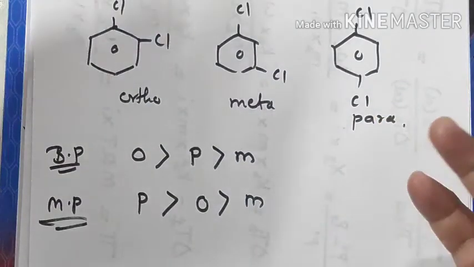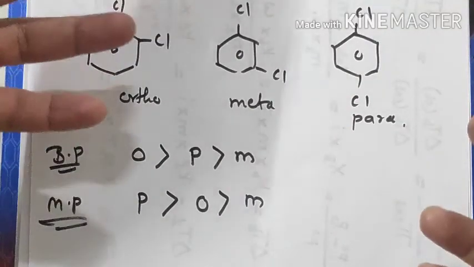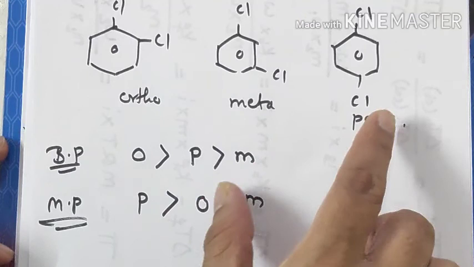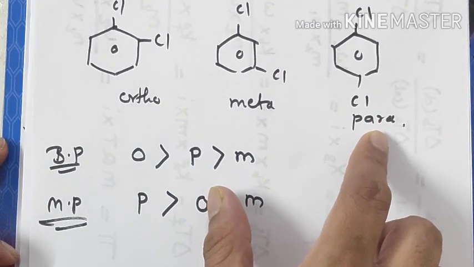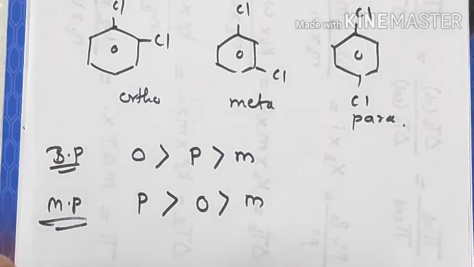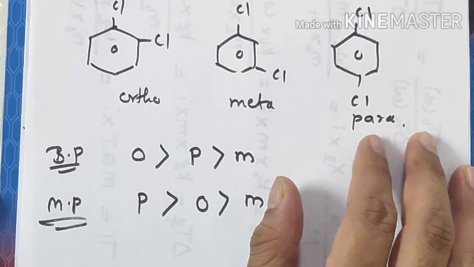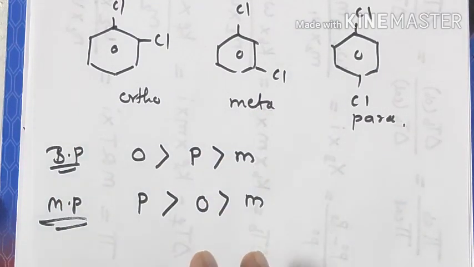Being symmetrical, the other molecules come, they have a better way of forming a bond, right? So that's the reason they form better bonding in crystal lattice. The arrangement actually is better, and that's the reason the melting point is higher, right? Then comes ortho, and then comes meta. Remember this, student, this is the very important one.